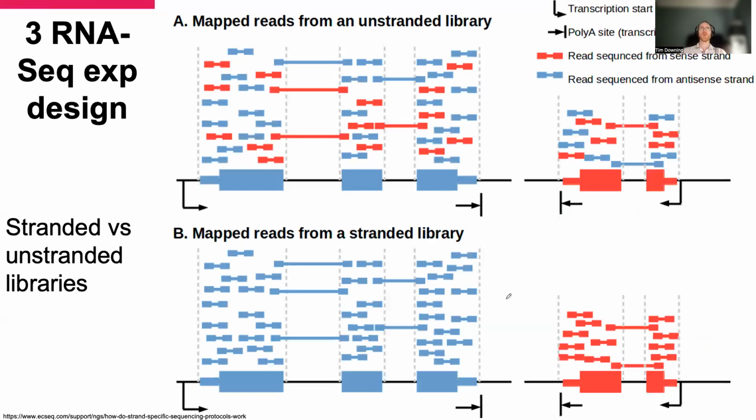At our institute, we're looking at using stranded libraries, but note that they differ from unstranded ones, because for the stranded ones we know whether the reads are from the sense strand or the antisense strand. So we know the direction of these reads is from 3' to 5', whereas these ones go from 5' to 3'. For unstranded libraries, we don't know that direction, and that creates some uncertainty over whether the genes are aligning to the sense or the antisense direction of our reference genome or transcriptome.